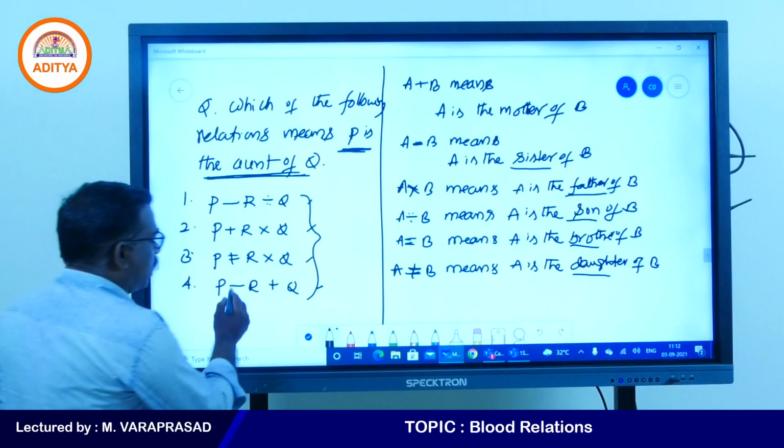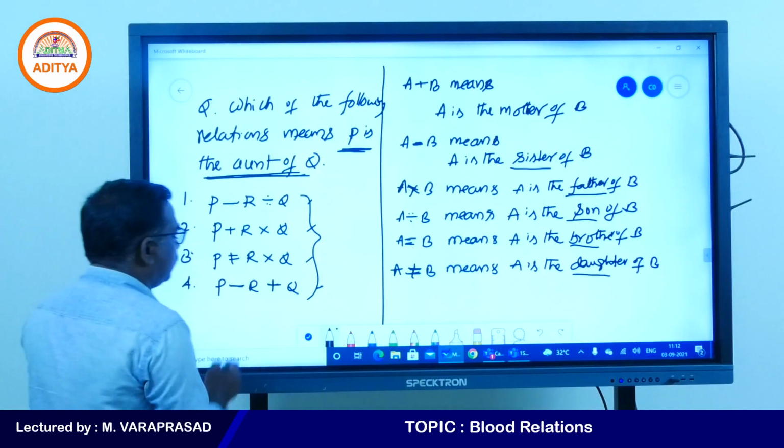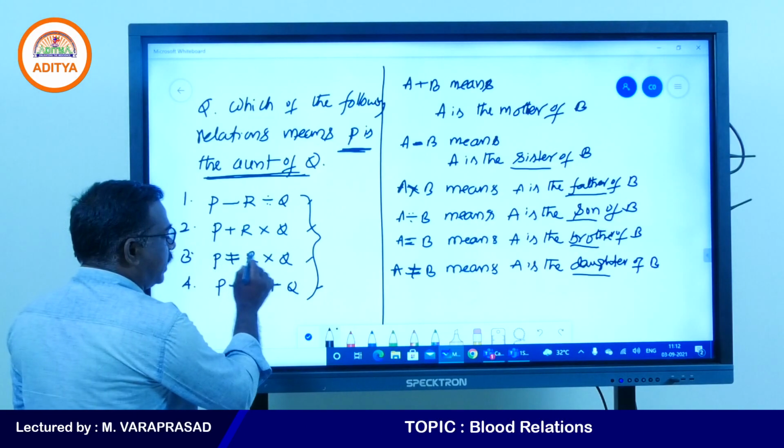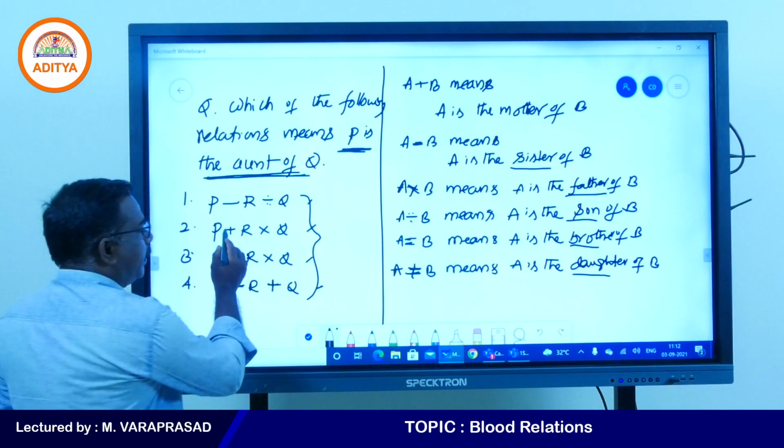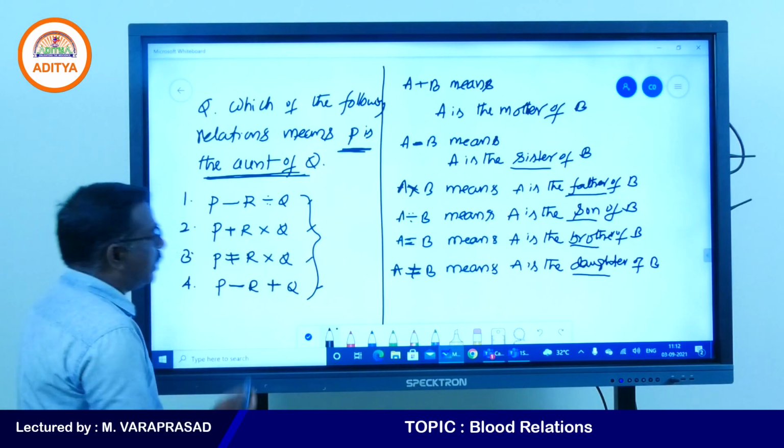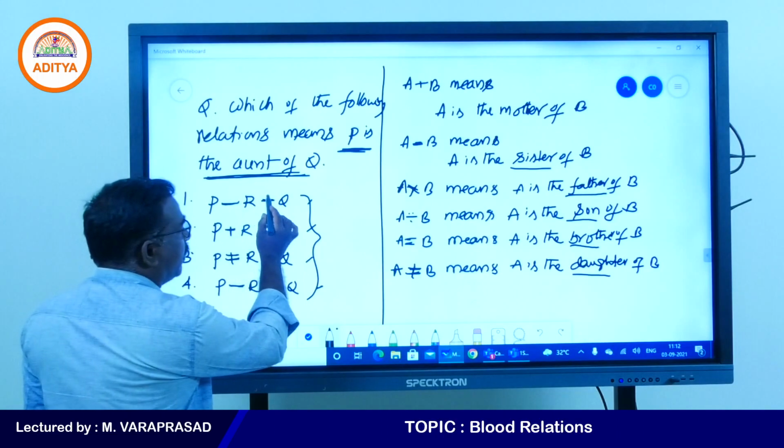P minus R plus Q is one relation given. P not equal to R into Q is another. P plus R into Q is one more. P minus R divided by Q is one more.